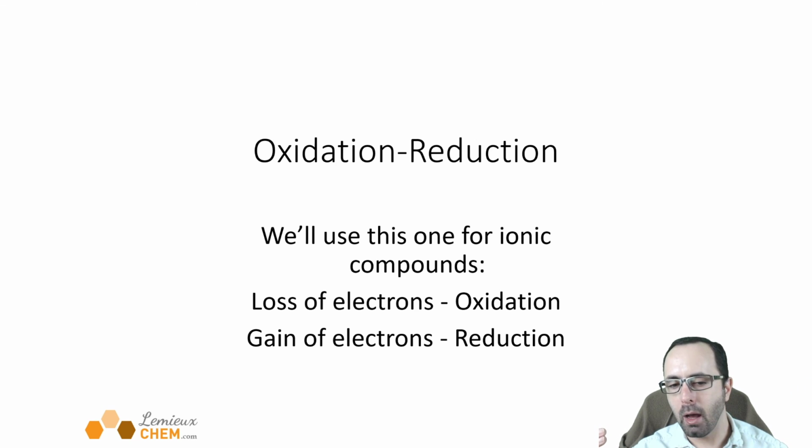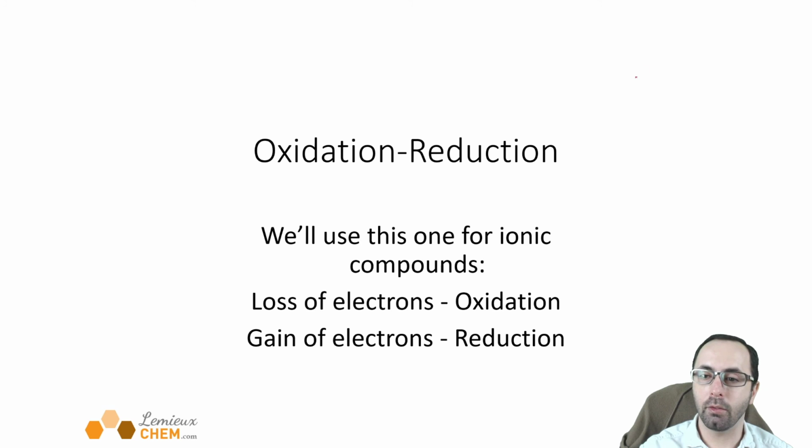For ionic compounds, well, they're going to be forming ions. And so the way that we're going to evaluate what's going on is based on the movement of electrons. So we're going to say that if electrons are lost, we have an oxidation. And if electrons are gained, we have a reduction.